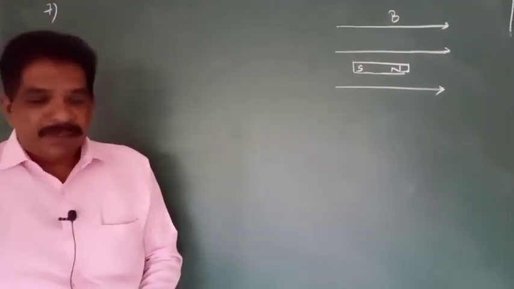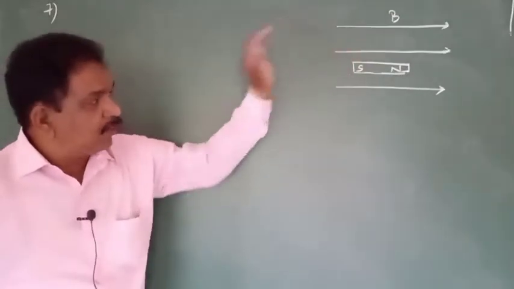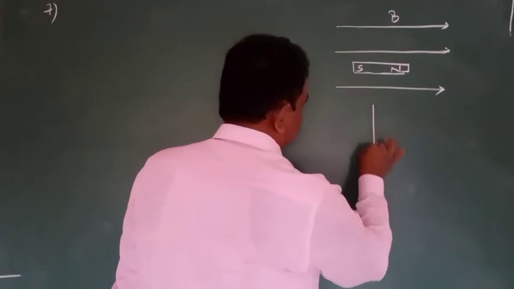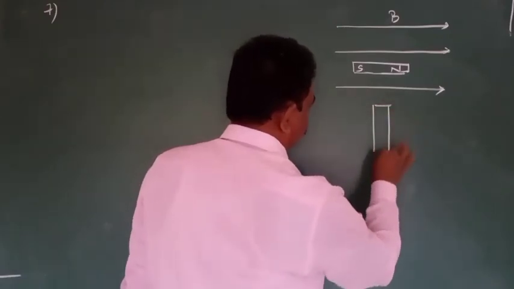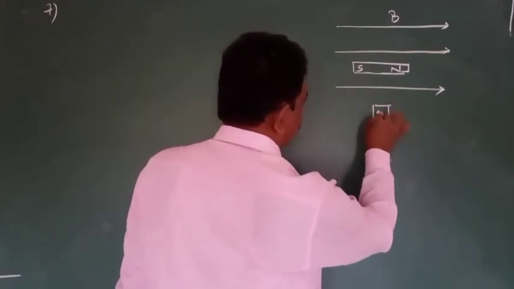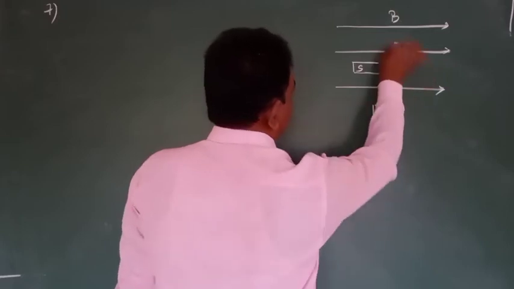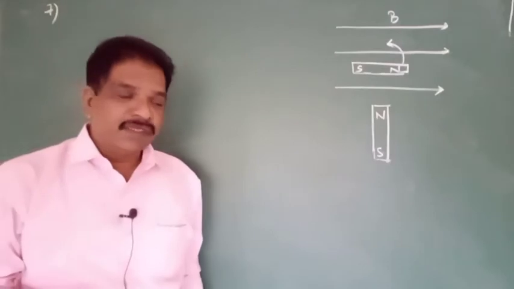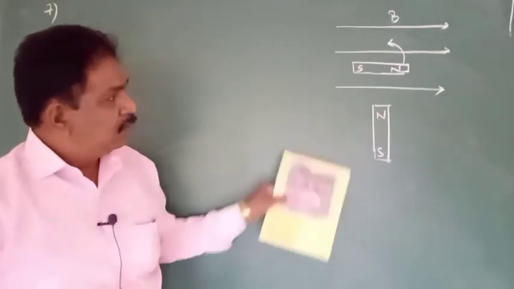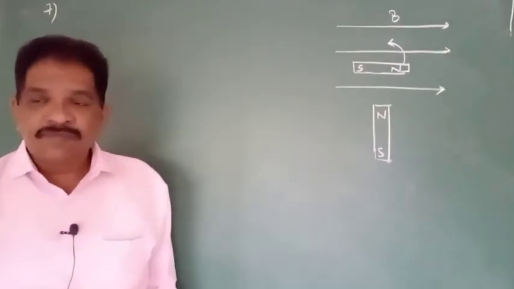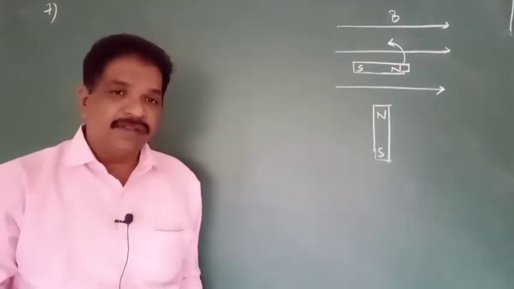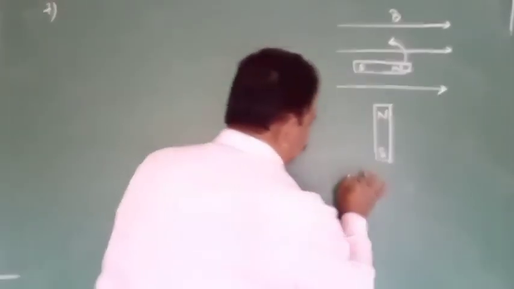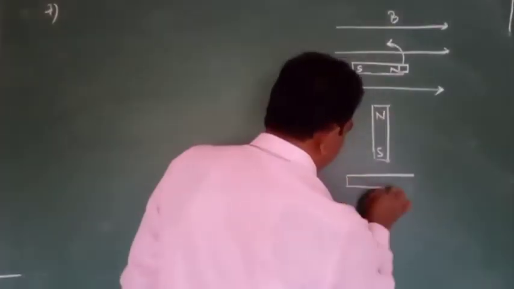Now this magnet is rotated by 90 degrees like this. How much work is required to rotate the magnet? What is the torque acting on the magnet in that position? Later it was rotated like this.